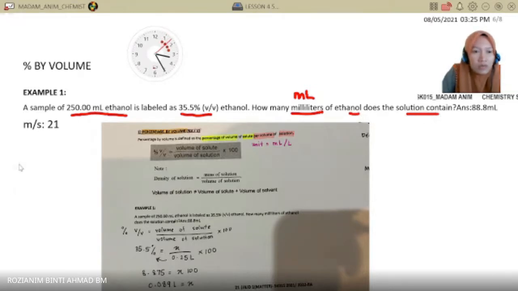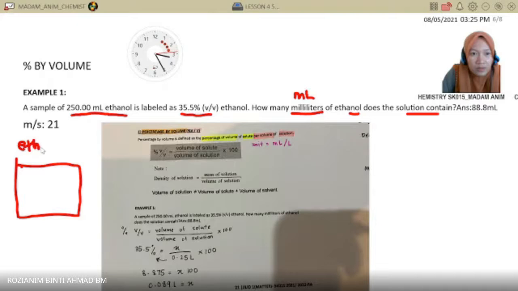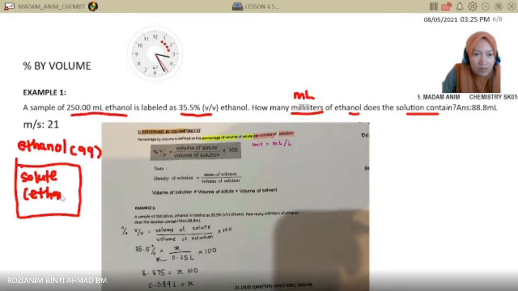So the meaning here, inside the container, our solution is ethanol. Okay, aqueous is a solution, and then our solute, ethanol, the main component of the ethanol solution, plus solvent. So maybe dia punya solvent water and so on lah. Okay, dia nak tanya berapa ml solute dalam solution ini.